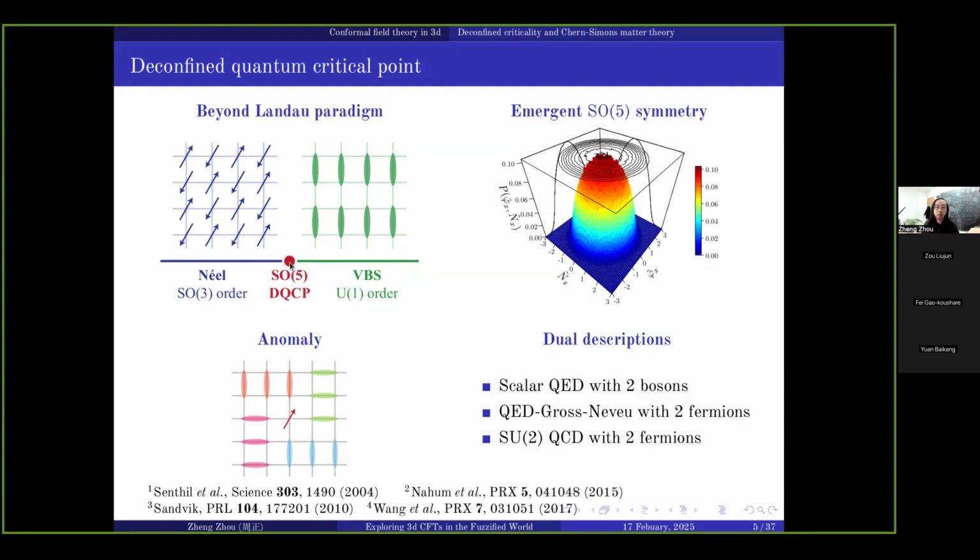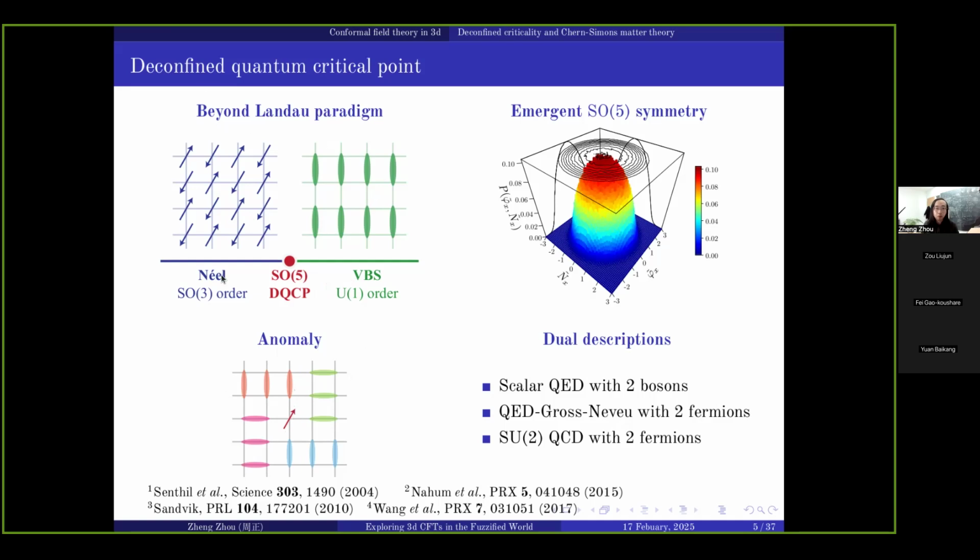At the critical point, there is an emergent SO(5) symmetry with 3 components coming from Néel and 2 components coming from VBS. Being different from an ordinary SO(5), say SO(5) Wilson-Fisher, this SO(5) is known to be anomalous. Colloquially, each U(1) flux of the VBS order parameter captures an SO(3) spin half.